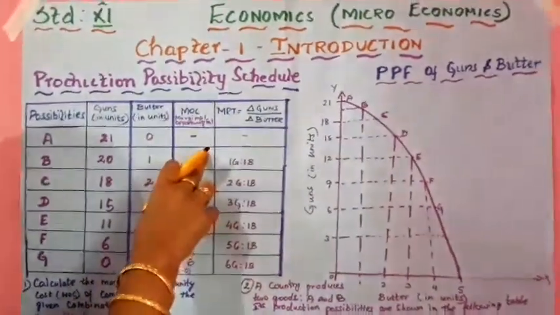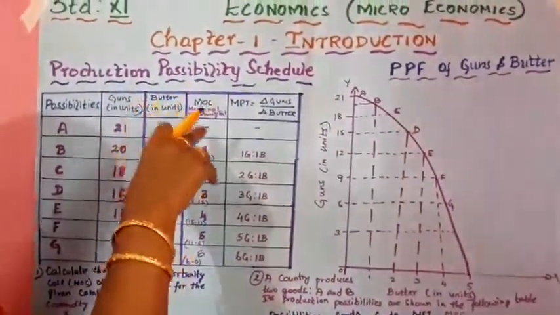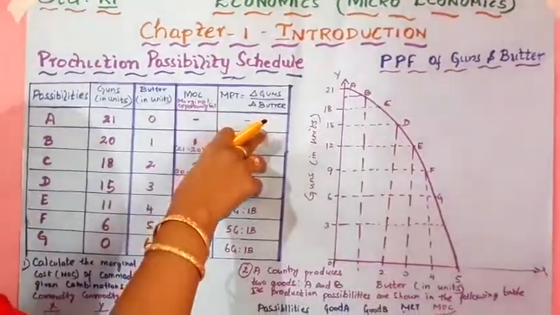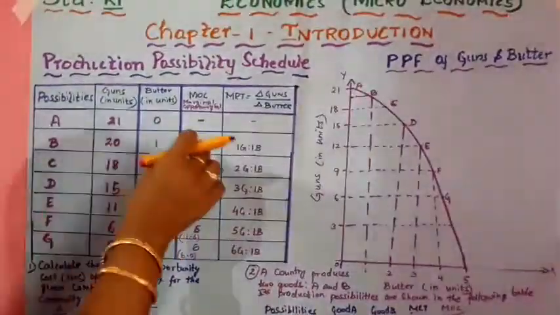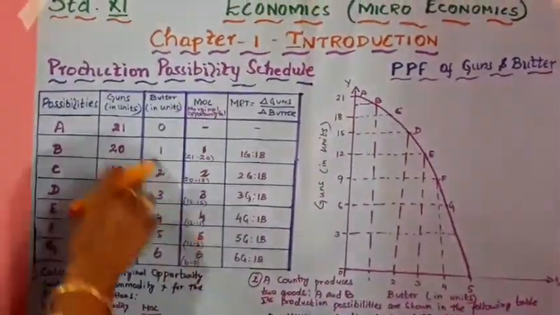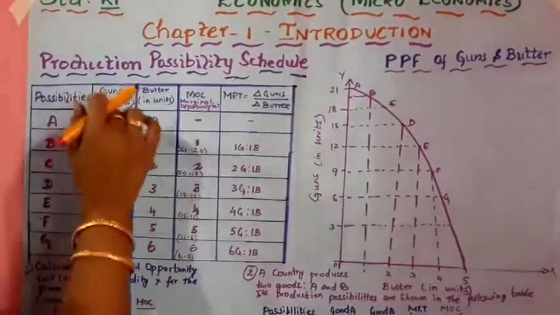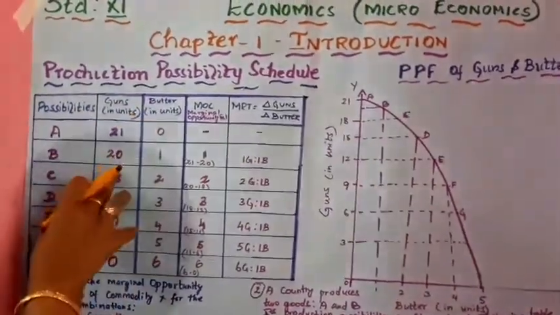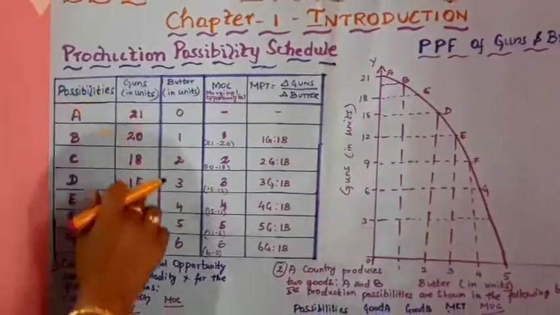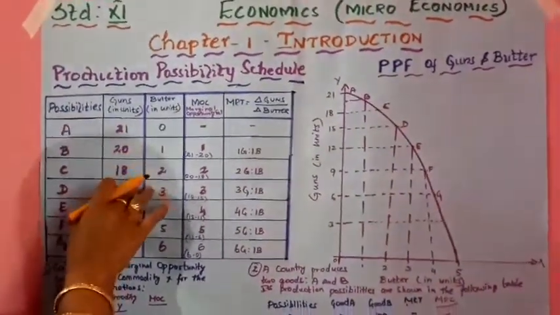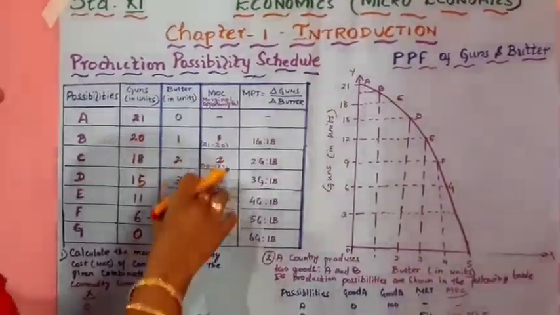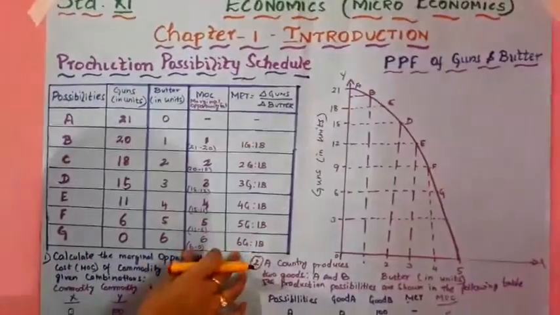When the MOC is constant, the MRT will also be constant. And how do you find this MOC? It is the difference between possibility A minus possibility B. Likewise, possibility B minus possibility C. Like this you subtract and you will get the MOC.